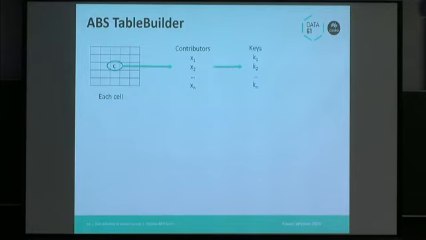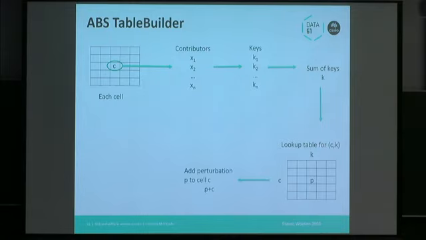So you first determine what are the contributors to that cell, x1 to xn, and each contributor in the background has associated with it a key, a persistent key, enduring key. So those contributors have keys k1 to kn. You add them up, okay? You have a lookup table. Depending on your cell value and the value of the key, you get a perturbation P. You add that to the cell and do that for all the table, and then in the end, because you've probably destroyed additivity, you can choose whether you restore the additivity or not.